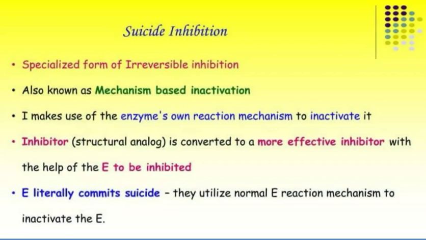The inhibitor molecule, which is structurally analogous to a substrate, is converted to a more effective inhibitor with the help of the enzyme to be inhibited. In short, we can say that in suicide inhibition, the enzyme literally commits suicide. They utilize a normal enzyme reaction mechanism to inactivate the enzyme.